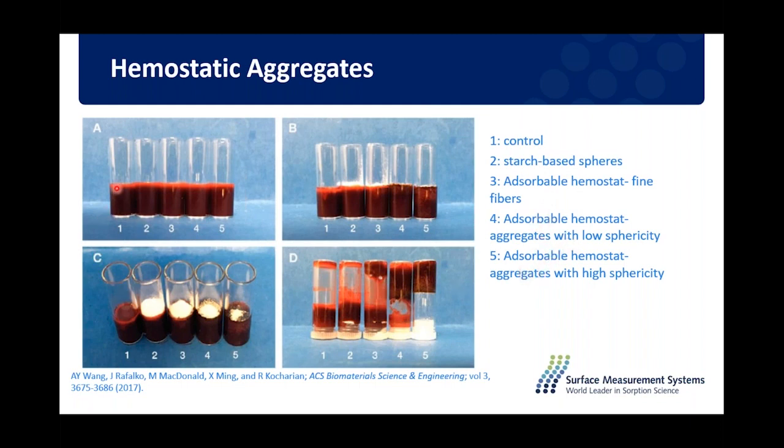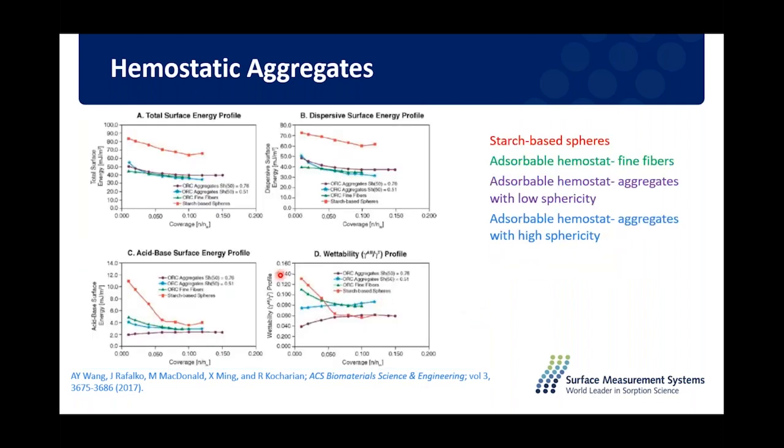And we can see here the blood clotting agent put in there over time, and you can see the control has no clotting. The starch-based spheres show minimum to no clotting, and then eventually you can see very good clotting ability with the others. So we wanted to look at the surface properties of these different materials to see if surface energy could shed some light on the mechanism of this interaction with the blood.